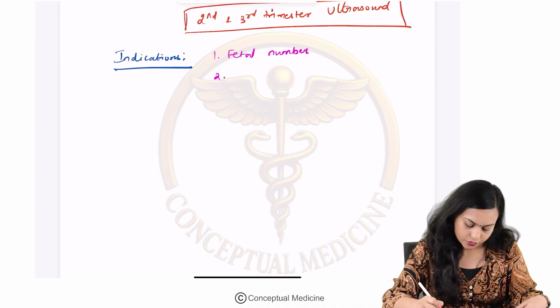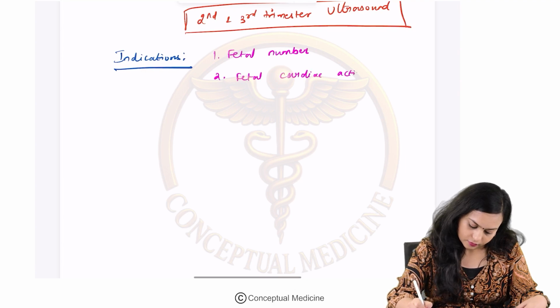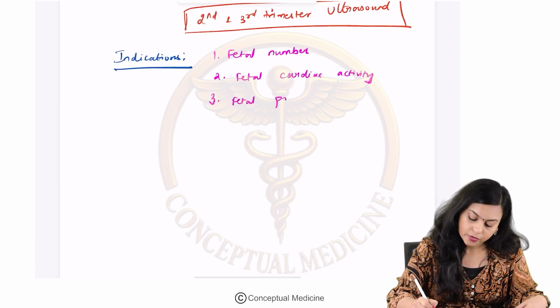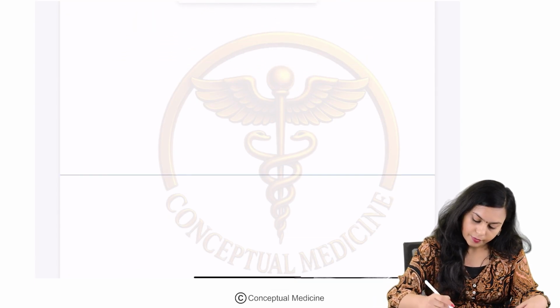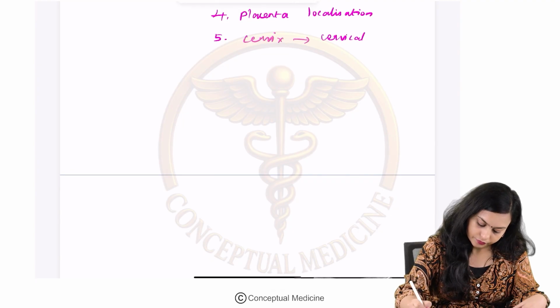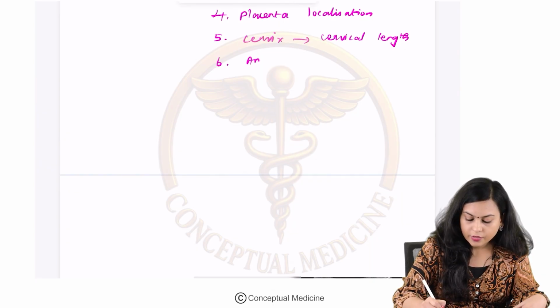Then you will be able to assess the fetal cardiac activity, fetal presentation, that is also very important, right? Then the placental localization, then the cervix, especially the cervical length. Then we'll also be checking the amniotic fluid volume.